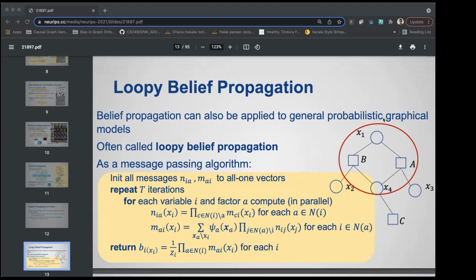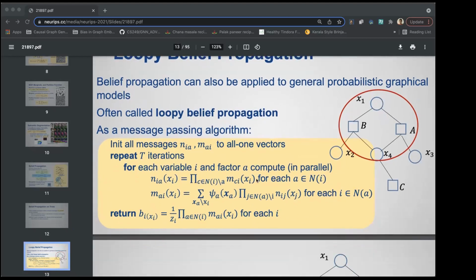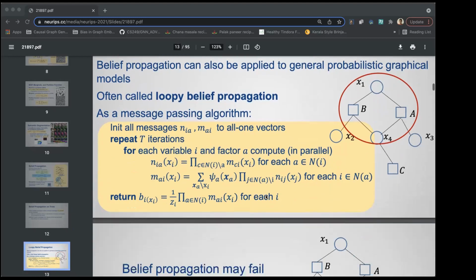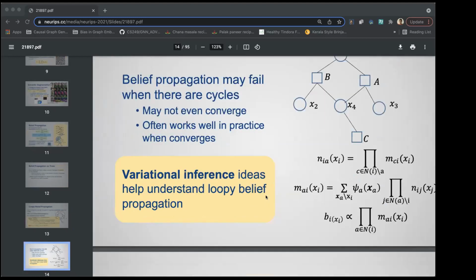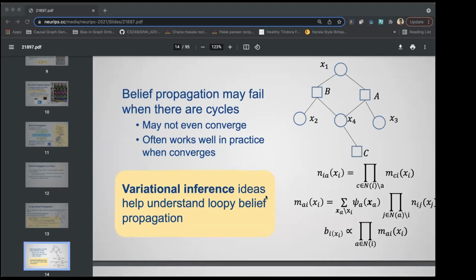We don't really have a good understanding of when it converges, but we still apply the algorithm anyways, taking directly the one that works for trees and applying it to more general graphs that could potentially contain cycles. So it's the exact same algorithm, and we're computing all these message updates in parallel. But belief propagation may fail when there are cycles. It may not even converge, though it often works well in practice when it converges.